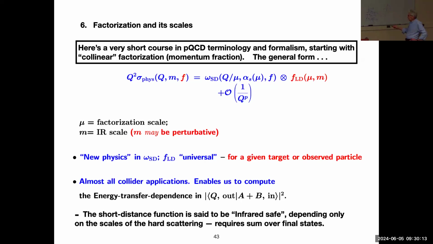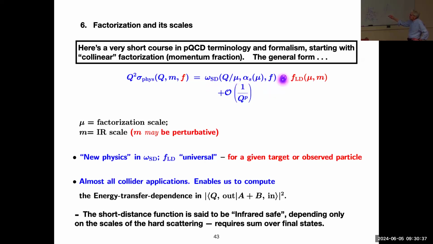Okay, so this omega, this short distance part, will depend on this same f, because this is the part that results from the hard scattering. And if you define f right, you can actually calculate this thing. Now, I should say for the single particle inclusive, there'll be an additional factorization.